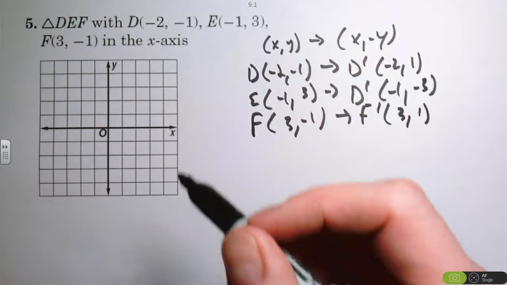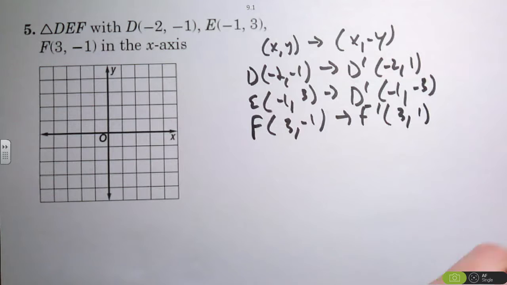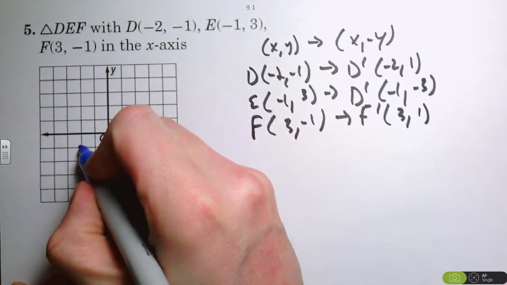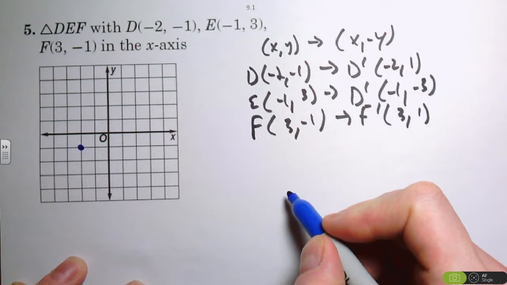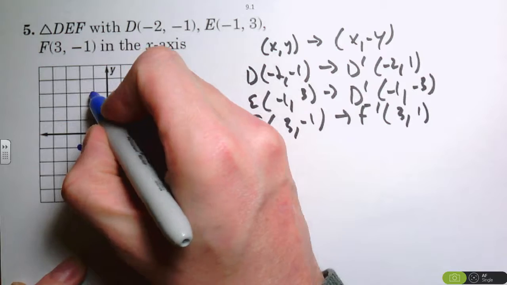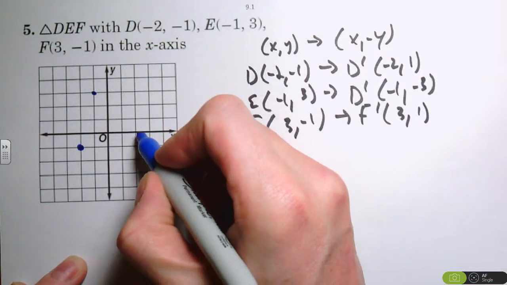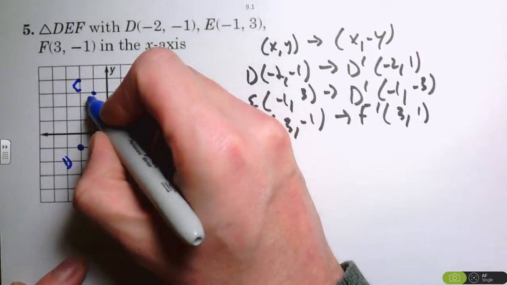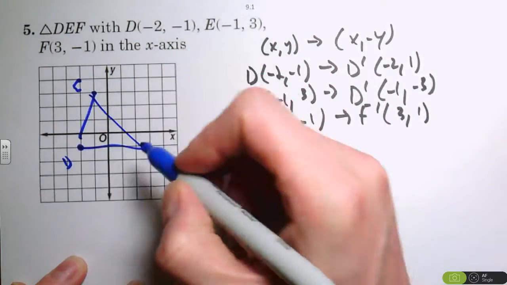Okay. So I'll do the original triangle in blue and the new one in red. So DEF was at (-2, -1), E was at (-1, 3), and F was at (3, -1). So D, E, F. Okay.